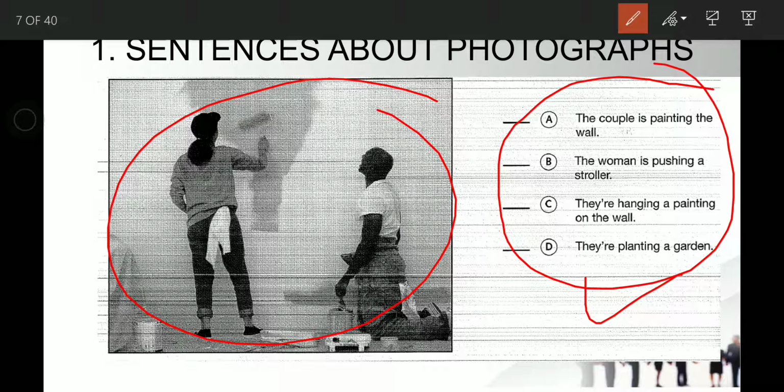So the answer is yes, the couple is painting the wall. The couple here means pasangan. So the answer is A. So you have to know the basic or common knowledge of English. Couple means 2 people.